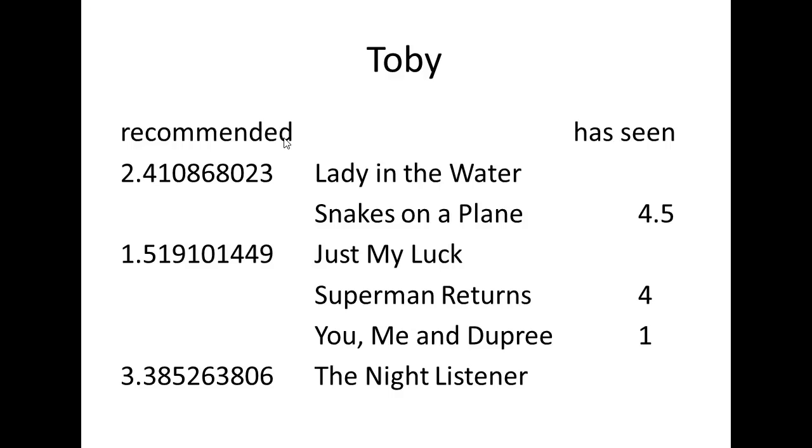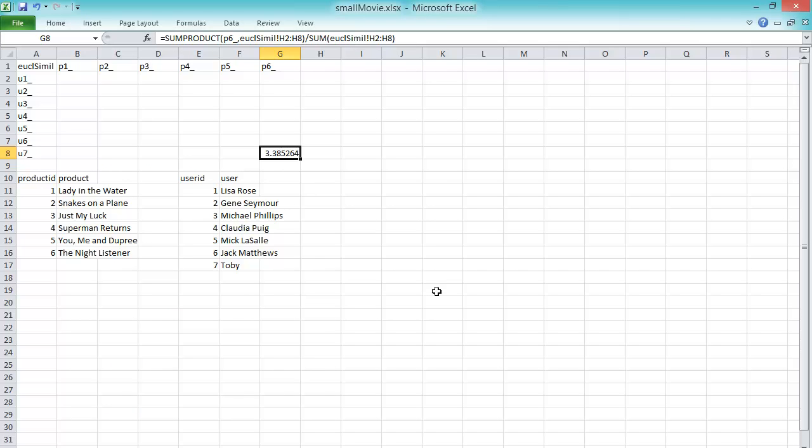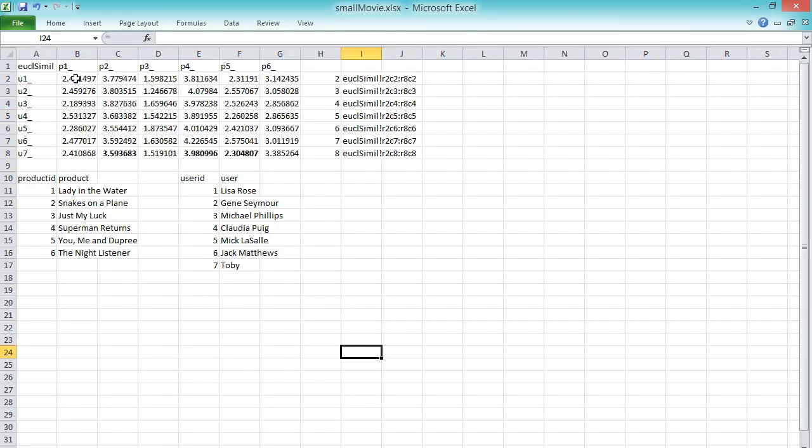And here we are on our first PowerPoint slide, and we can see that the Night Listener really was predicted to have, we already at first said that it will have a score of 3.38. So the next thing we want to do is give the grades to all movies to be watched by Toby, and actually you want to project for every user all the grades for the movies they haven't seen.